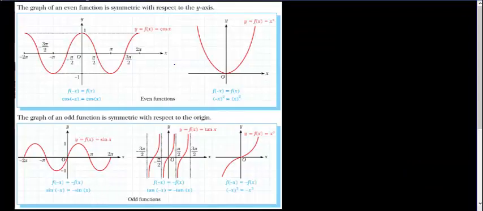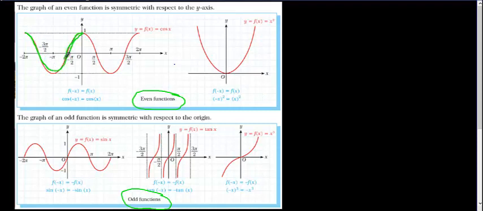Here, from the graph, how to understand whether the function is even or odd? The graph of an even function is symmetric with respect to the y-axis.